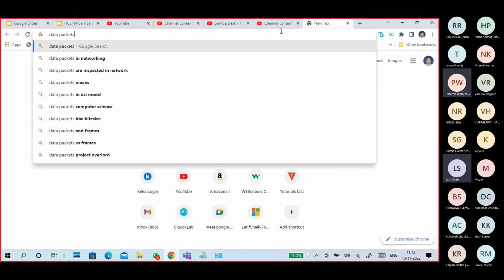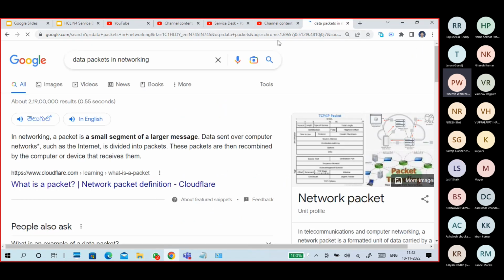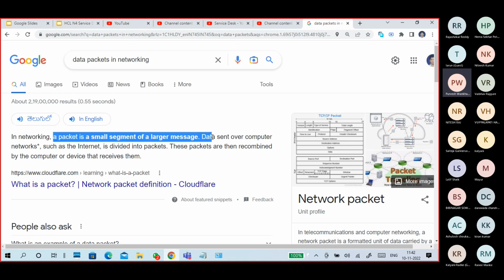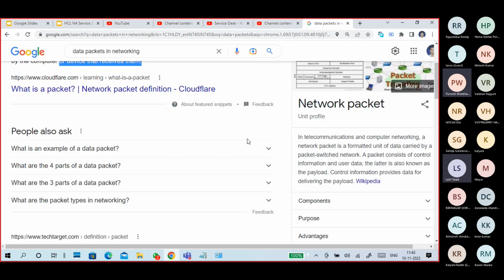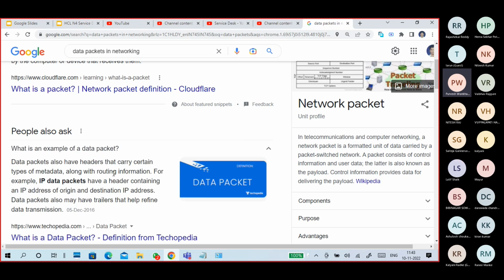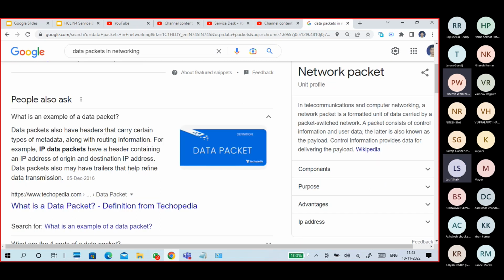Packets. They didn't specifically say what a data packet is. Example of data packet: it also has a header that carries certain type of metadata along with routing information.